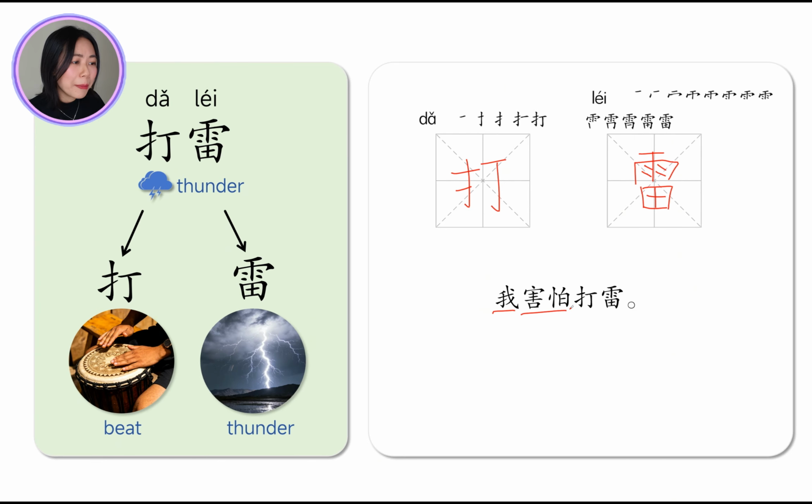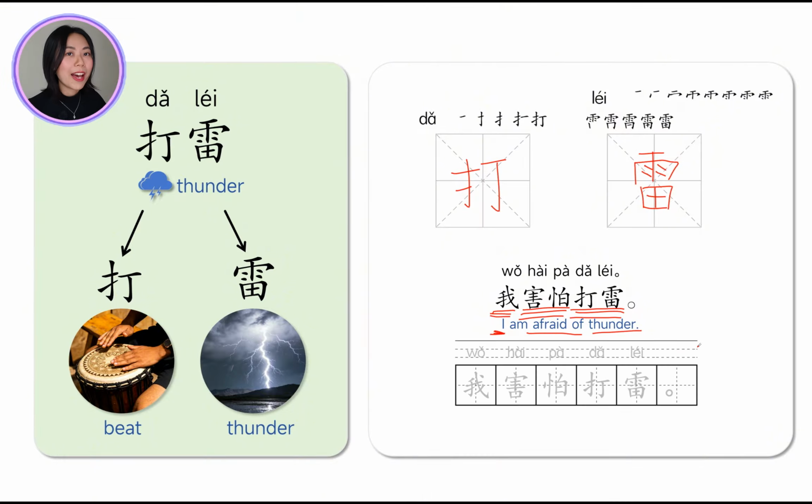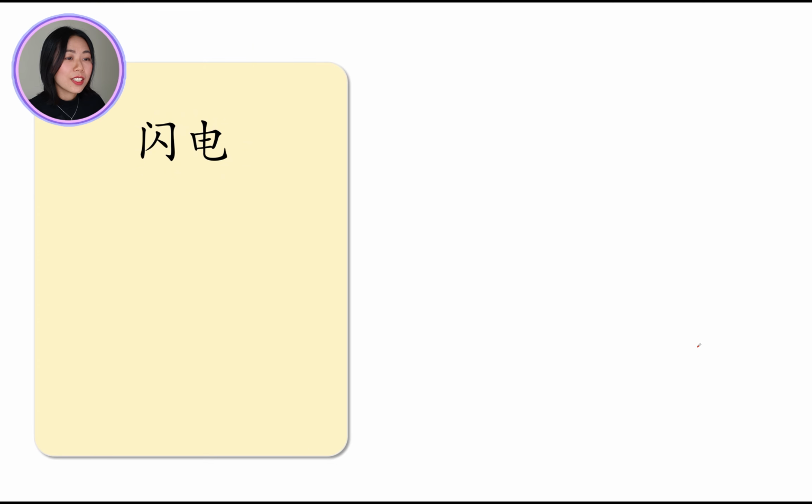我害怕打雷。I, 害怕 afraid of, 打雷 thunder. 我害怕打雷, I'm afraid of the thunder. 下一个，闪电.